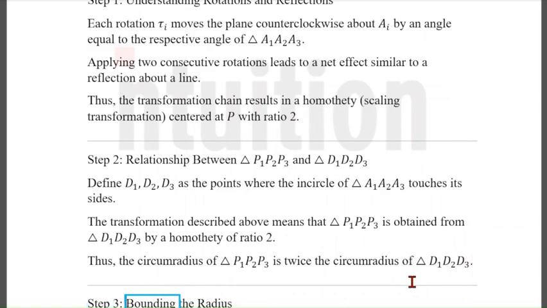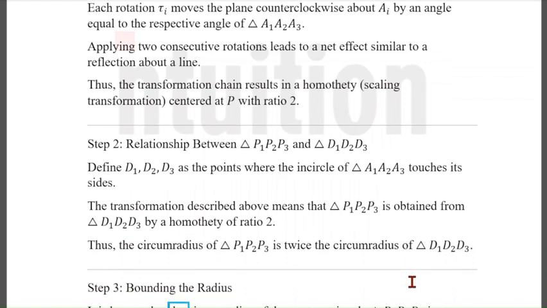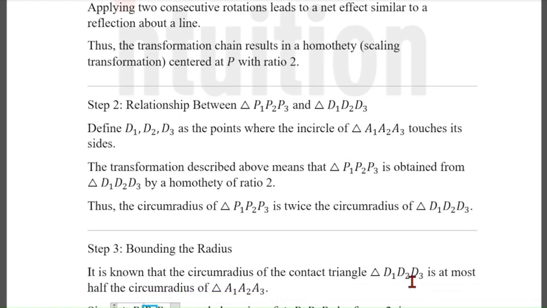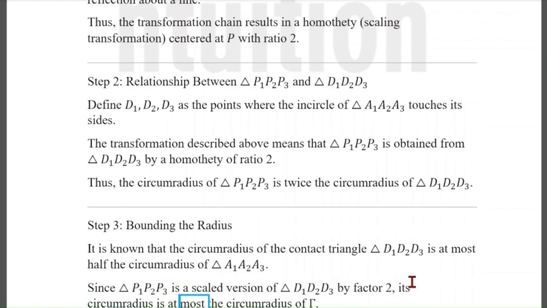Step 3. Bounding the radius. It is known that the circumradius of the contact triangle D_1, D_2, D_3 is at most half the circumradius of A_1, A_2, A_3. Since P_1, P_2, P_3 is a scaled version of D_1, D_2, D_3 by factor 2, its circumradius is at most the circumradius of Γ.